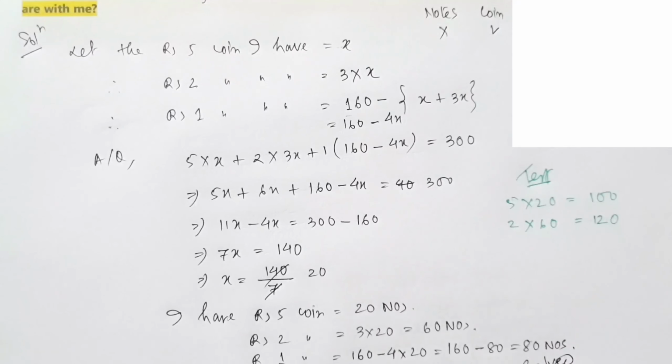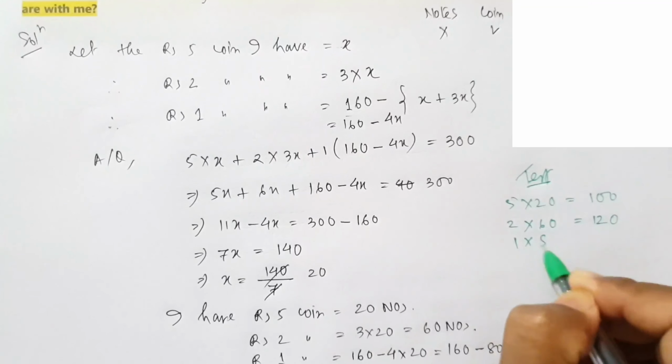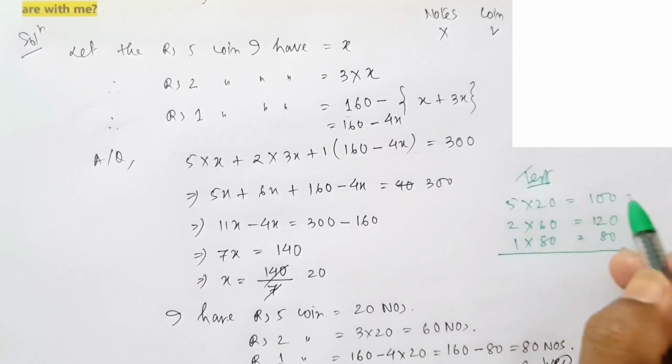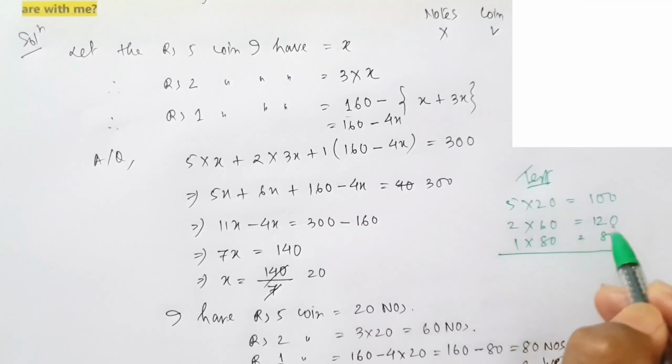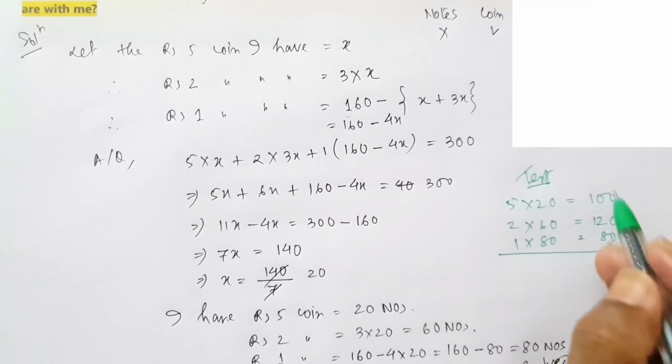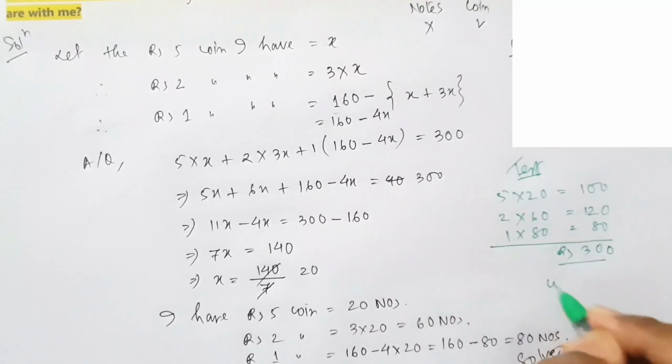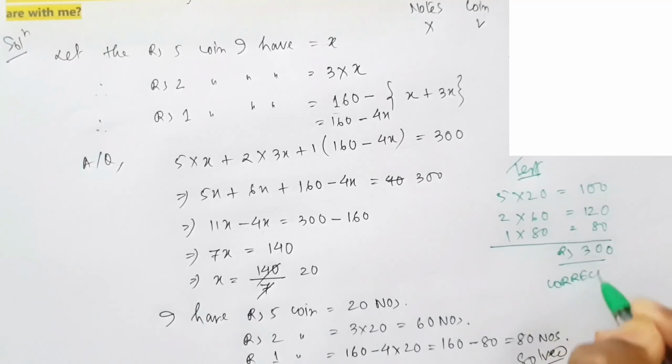And 1 rupee I have 80 numbers, 1 into 80. Means 5 rupees I have 100 rupees, 2 rupees I have 120 rupees, and 1 rupee I have 80 rupees. So once we add, 0, 8, 2, 10, carry 1, 1, 1, 2 plus 1, 3. It means that the answer is correct.